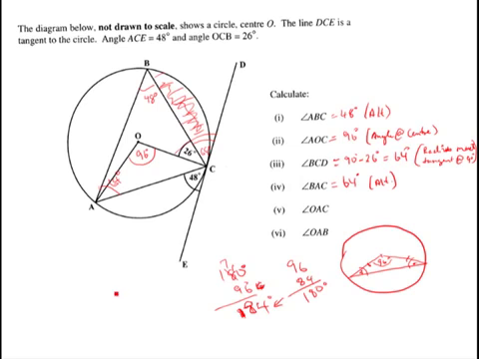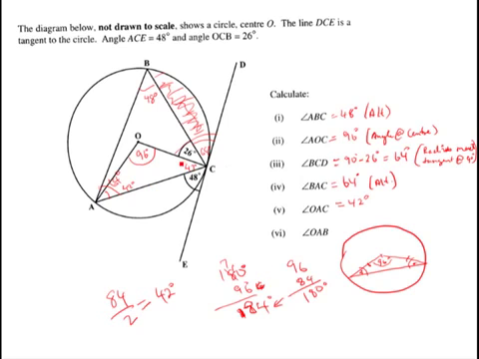What we're going to do is take the 84 and divide it into two parts, and that will give us 42 degrees. So this angle here is 42 degrees, and this angle here is also 42 degrees. So angle OAC is equal to 42 degrees.